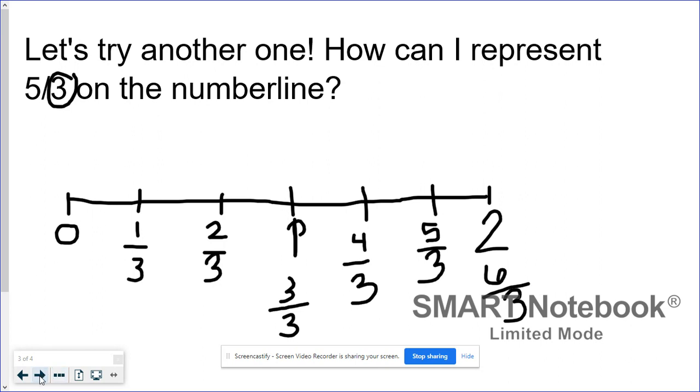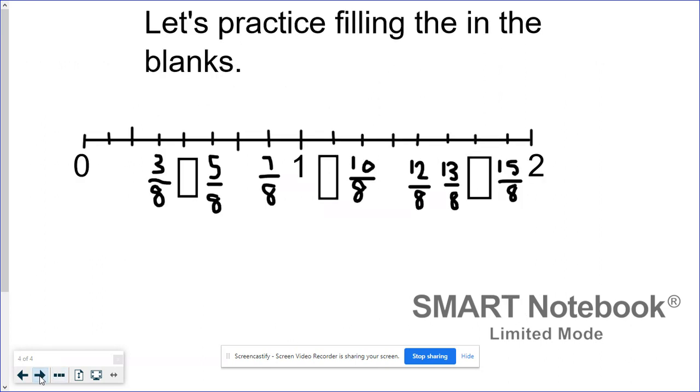All right. So let's practice filling in the blanks. So I have this number line. I can see that it starts with a 0 and it ends at a 2. So I know that this is not one whole number line, but it is actually 2 number lines put together. I have from 0 to 1.